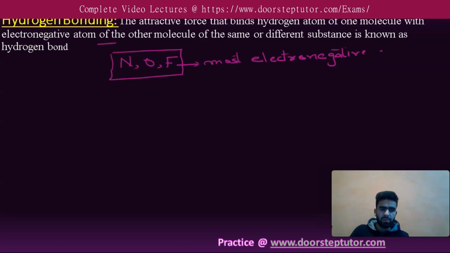These are the only three elements in the periodic table which show hydrogen bonding.